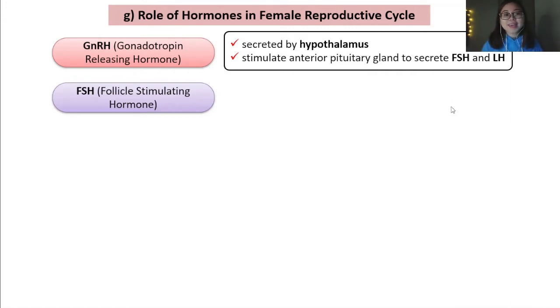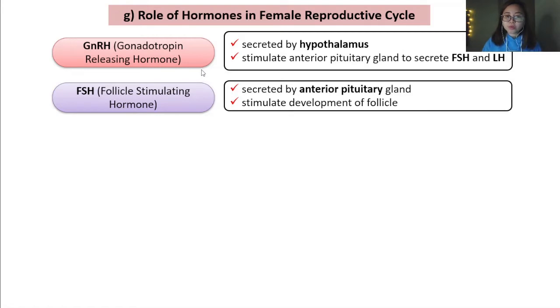Oh, look at it. It's FSH, also referred to as follicle stimulating hormone. The follicle stimulating hormone is secreted by the anterior pituitary gland, and the function is to stimulate development of follicle in the ovary. Okay, fungsi dia adalah untuk memberitahu follicle, okay, sekarang masa untuk kita membesar, masa untuk kita menjadi matang.